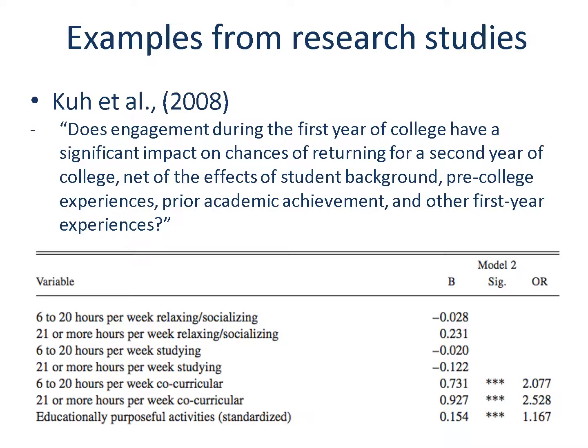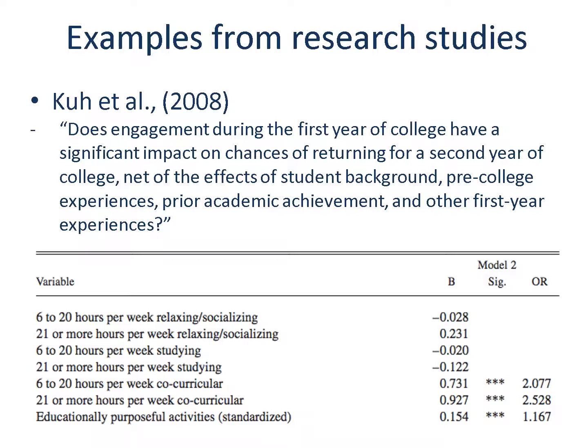Ku and his colleagues analyzed a research question that is, does engagement during the first year of college have a significant impact on chances of returning for a second year of college, net of the effects of student background, pre-college experiences, prior academic achievement, and other first-year experiences?